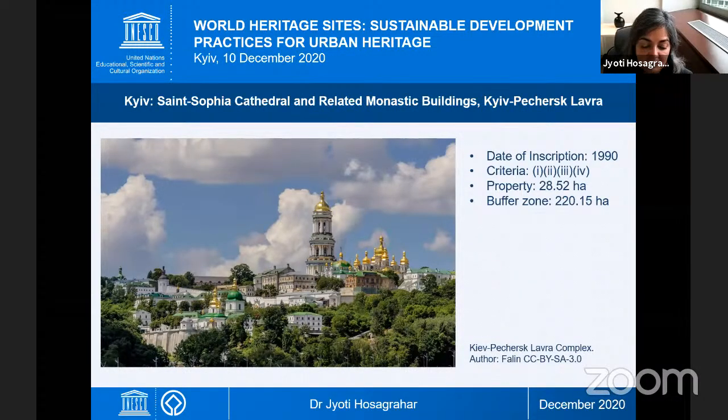This includes the reactive monitoring missions and ICOMOS technical reviews, such as the latest joint mission in February 2020. We'd like to encourage the implementation of recommendations of this mission and the ICOMOS technical reviews, for construction and reconstruction projects that have been reviewed, and to preserve the values of the property.